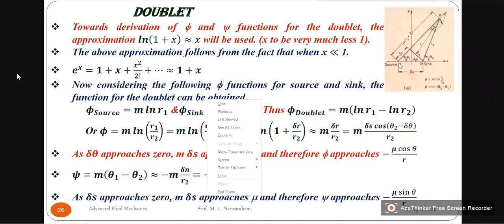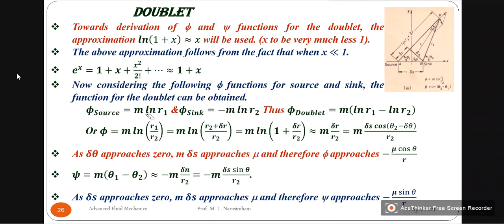Now recalling the expressions which we have derived for phi and psi for a source when it is at a position other than the origin. So phi of source is m log R1, where R1 is the distance between the location of the source and the point under consideration.